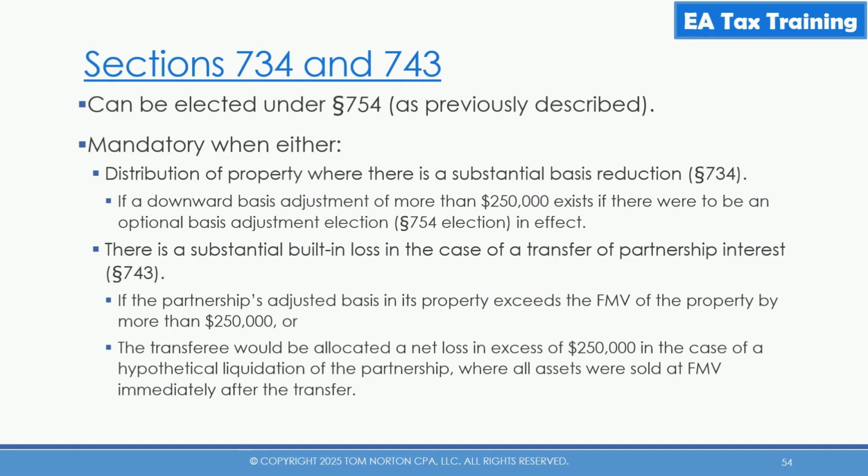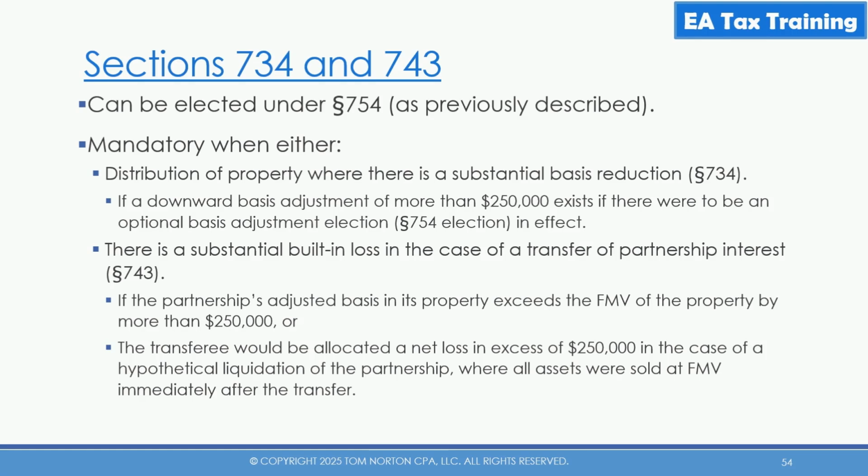Also, you have to look at it a different way. You have to do a hypothetical liquidation. Say, if we were to liquidate the partnership today, and then we were to allocate out to all the partners gains or losses, if the transferee partner, so the new partner that is coming into the partnership, would be allocated a loss in excess of $250,000 in this hypothetical liquidation, then you also have to adjust the basis.